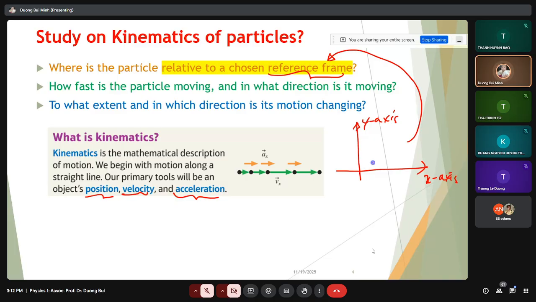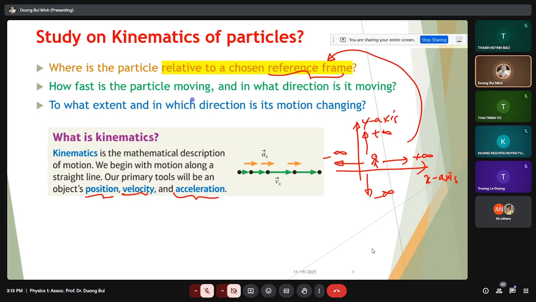That means if we have the object here, if you follow this direction, you get positive, and if you follow this direction, you get negative. Going up, you get positive; going down, you get negative. So any motion you need to refer to the reference frame, the xy coordinates, or xyz coordinates.